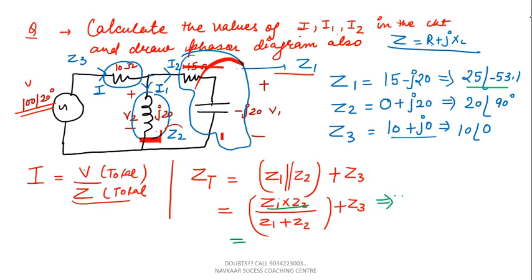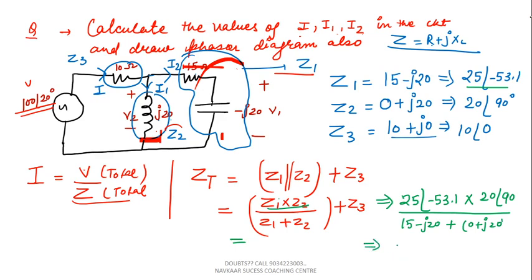Z1 is 25 angle minus 53.1 multiplied by 20 angle 90, divided by Z1 plus Z2, which is 15 minus J20 plus J20. Solving, we get 500 angle 36.9 divided by 15 plus 0, since minus J20 plus J20 is 0. So it is 15 plus J0.